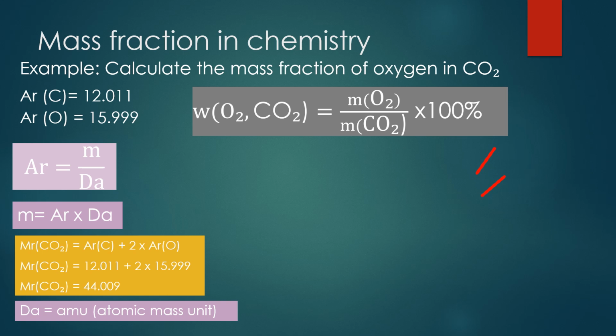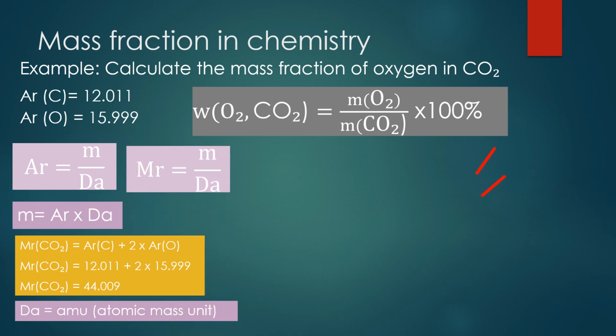In our case, the mass of carbon is 12.011 times Dalton, meaning the relative atomic mass of carbon is 12.011 times Dalton. So in this formula, instead of the mass of O2, you can just put AR times Dalton, meaning for oxygen it will be 15.999 times Dalton.